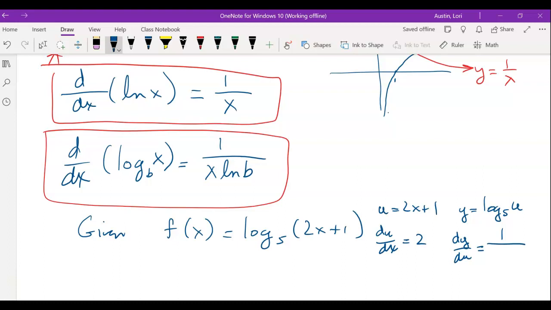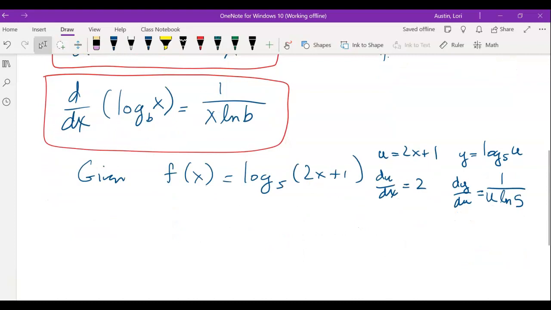This x comes from this x, so this is a u in this problem, and this is a base 5. And you're just going to multiply them together.